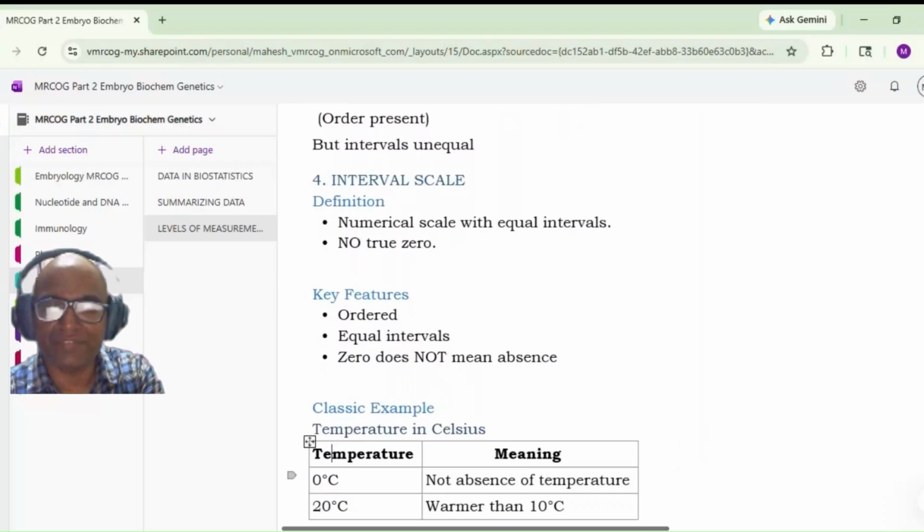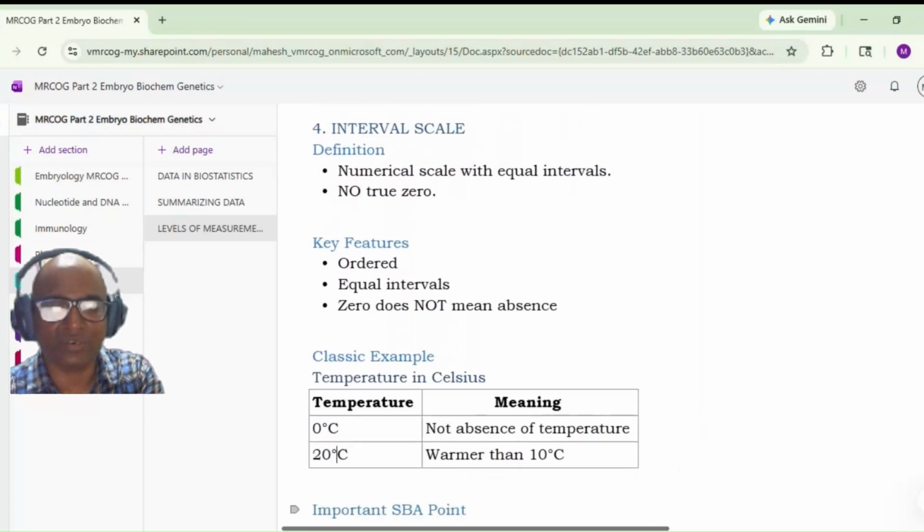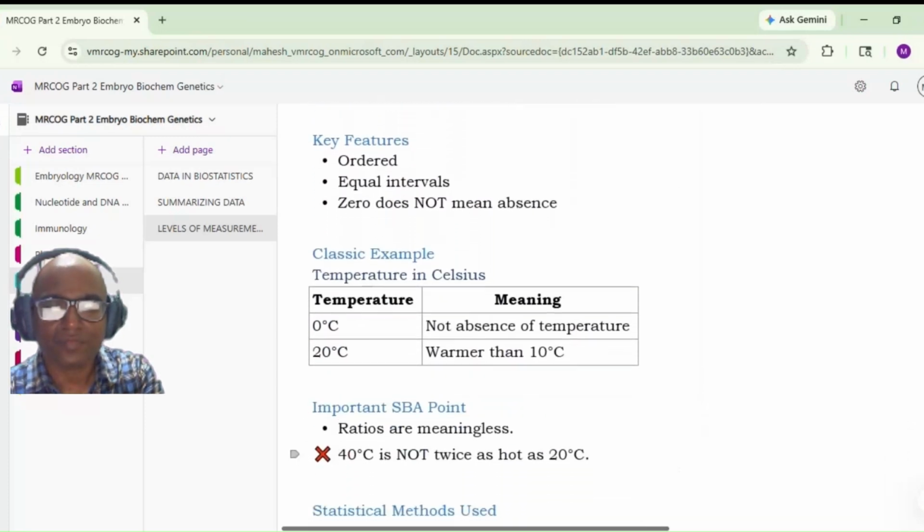So take temperature measured in centigrade. 0 degree centigrade does not mean absence of temperature. 20 degrees centigrade is warmer than 10 degrees centigrade. But here the ratios are meaningless. That means 40 degrees is not twice as hot as 20 degrees centigrade.